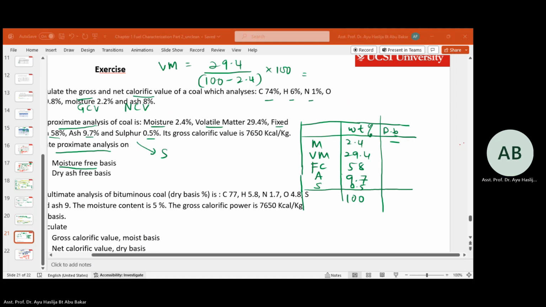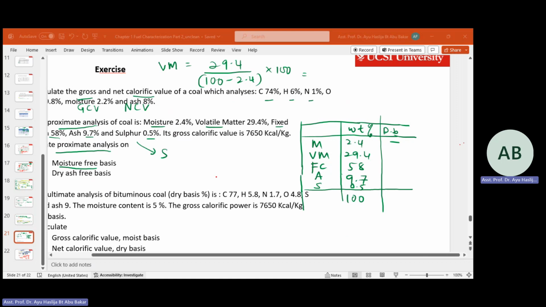Okay, did you get all? Moisture. Okay, now try the dry ash free basis. For dry ash free basis, let's say VM. You can use the value straight away from here, or from here.